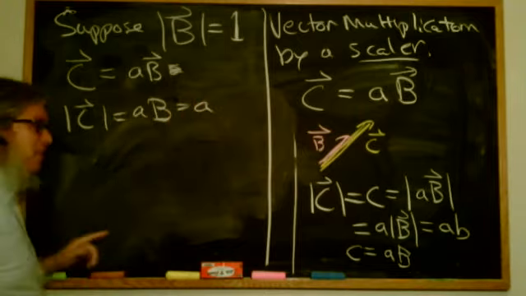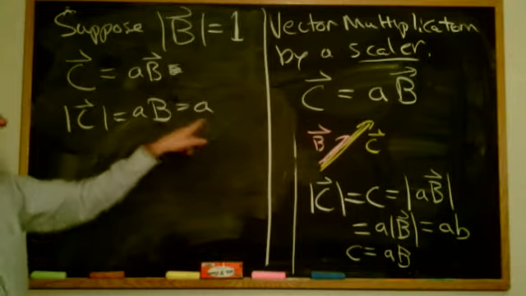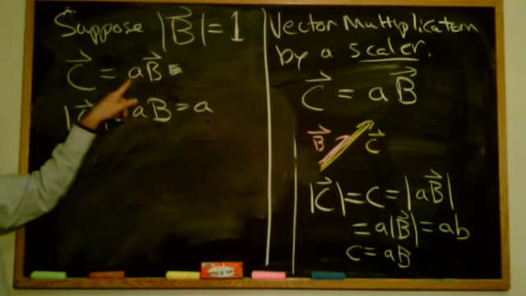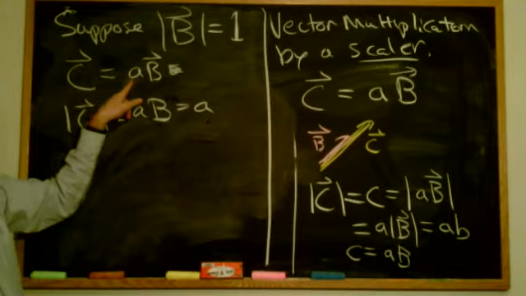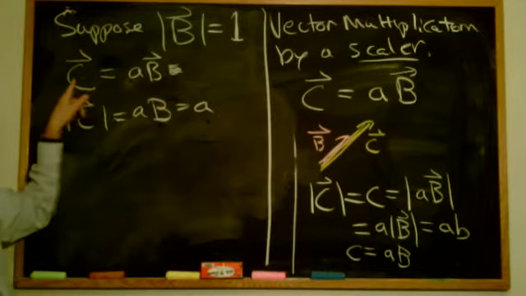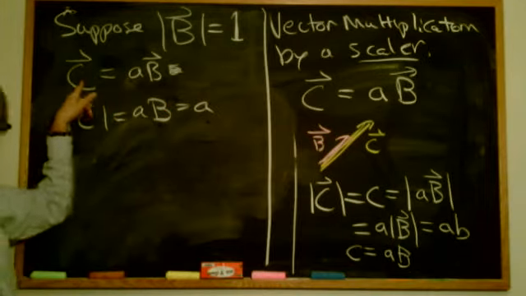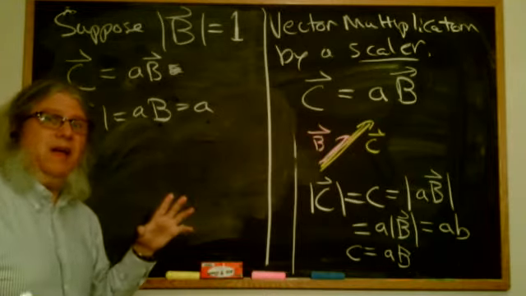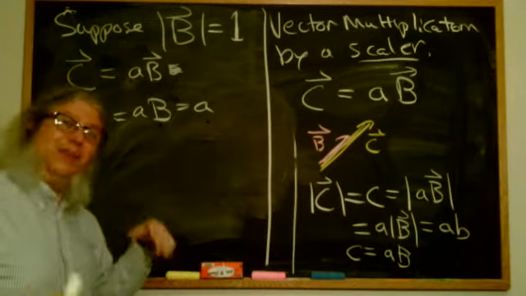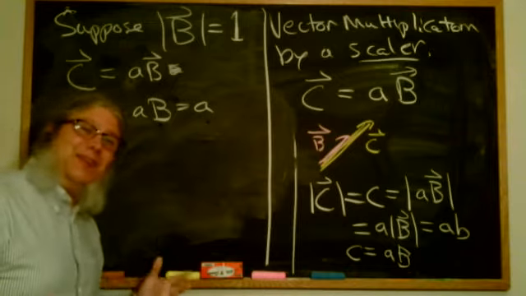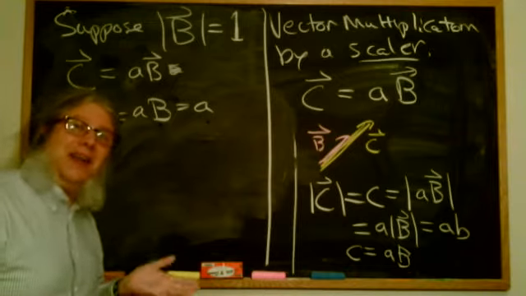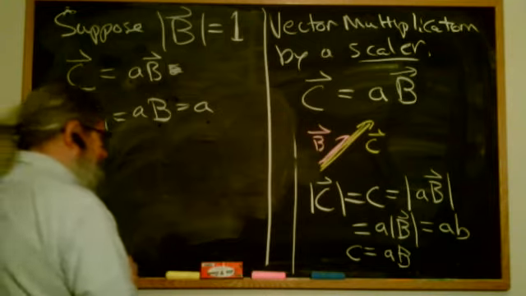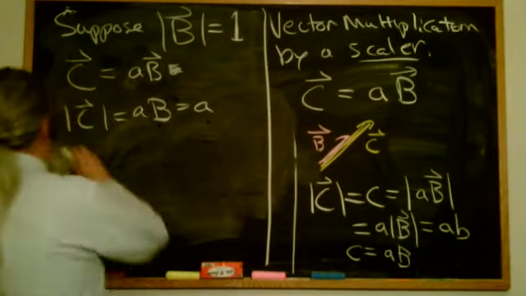Because the magnitude of b is 1, that's just going to be a. So if I take a and multiply it by a unit vector, I get a new vector whose magnitude is just a. In other words, every time you take a unit vector and multiply it by a number, you get a new vector whose length is just equal to that number. Okay, well, that's cool. So what?